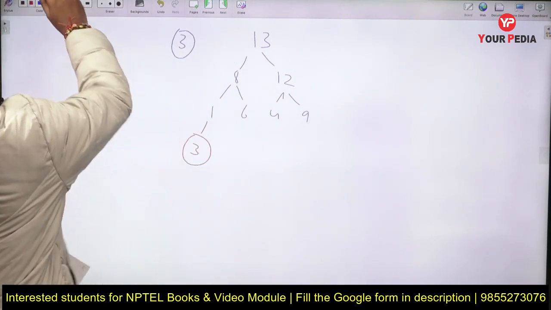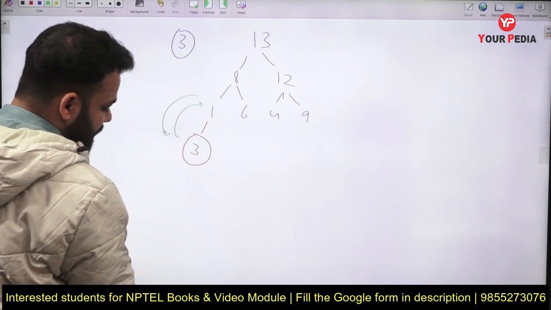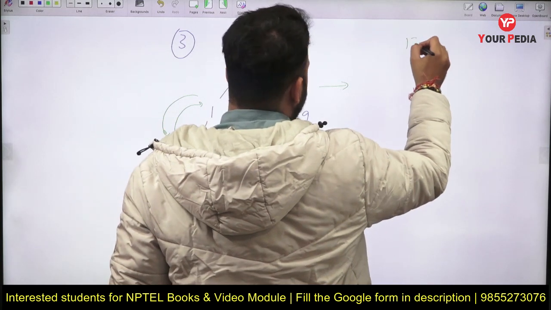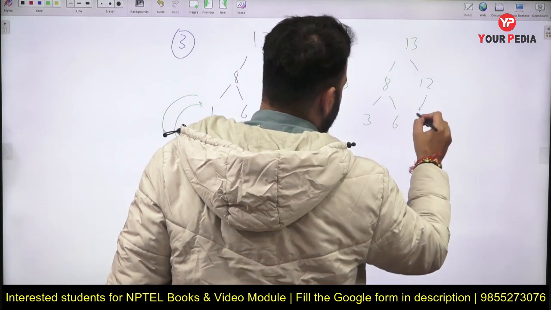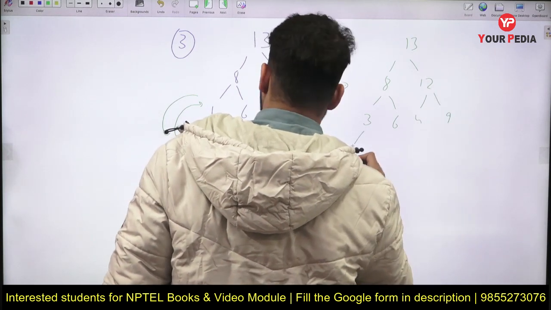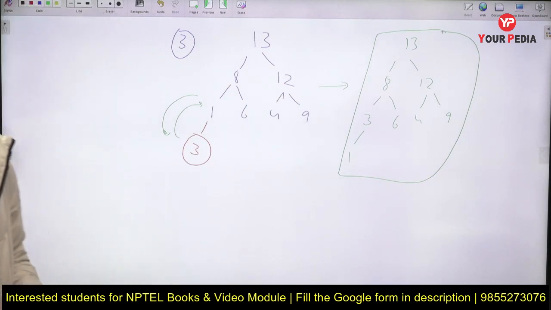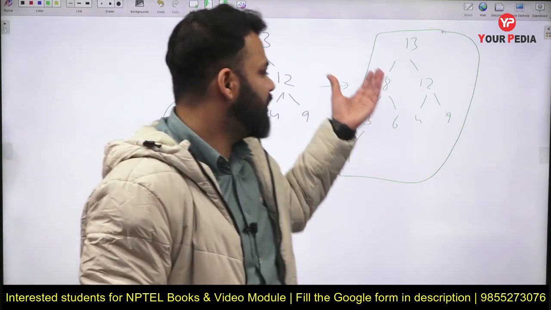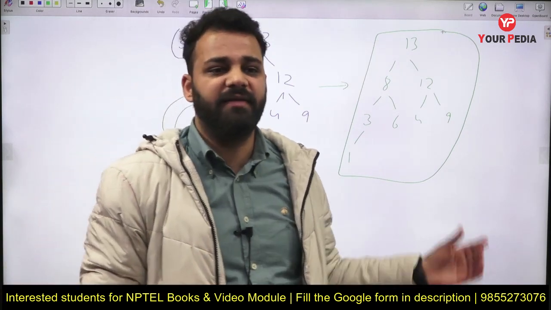So again there is a need for max heapify here, and when you max heapify it, the resulting tree will be 13, 8, 12, 3, 6, 4, 9 and 1. So this is the final tree after all the numbers have been put into the tree and we have applied max heapify.